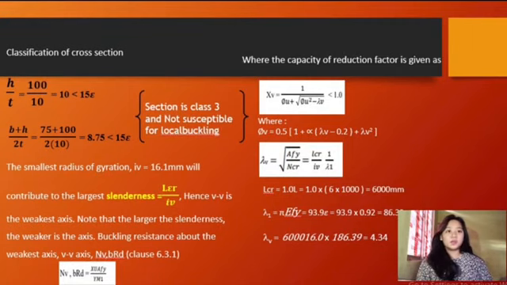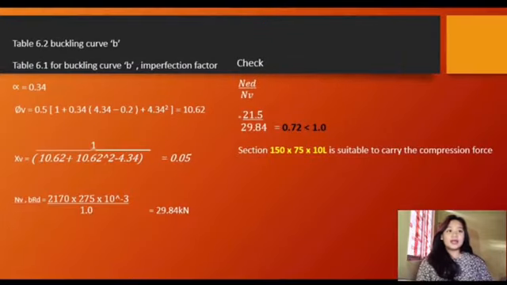Selepas itu, semua pengiraan yang kami dapat ialah semua dari rujukan atau contoh calculation dari SIDOS. And lastly, nilai adalah mesti kurang daripada 1.0. So, nilai yang kami dapat ialah 0.72 dan ia kurang daripada 1.0, which mean section 150 times 75 times 10L is suitable to carry the compression force.